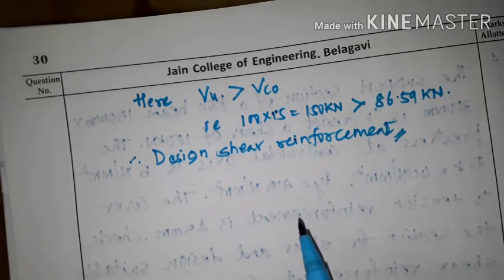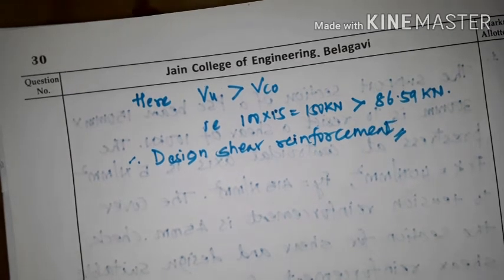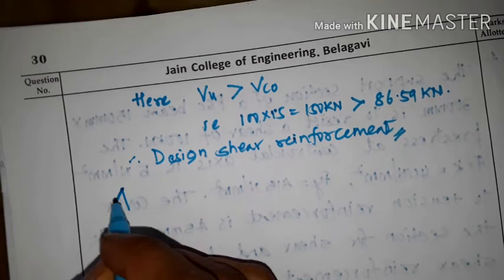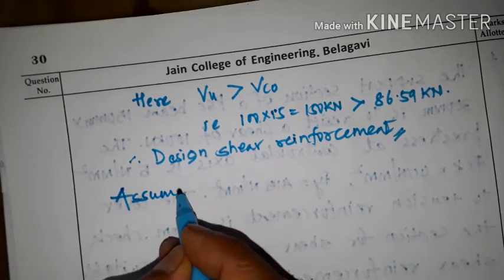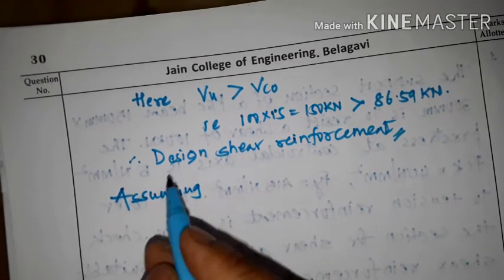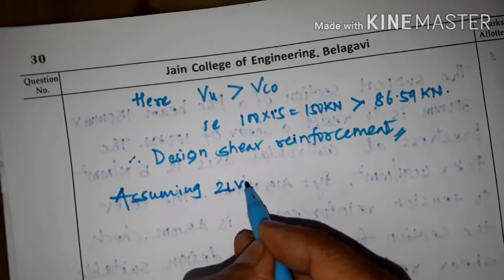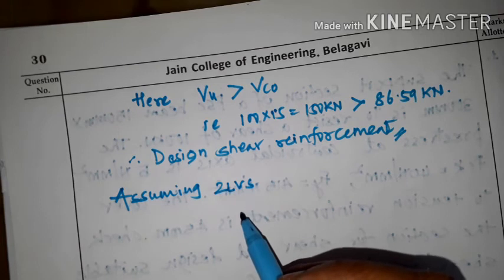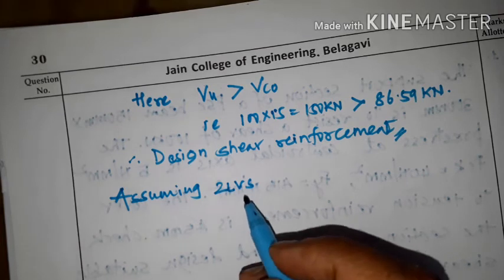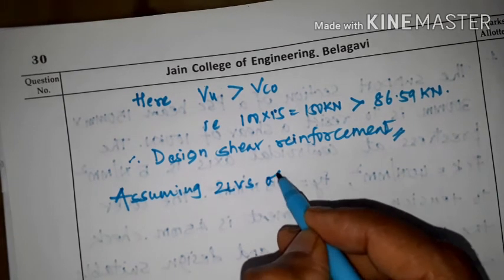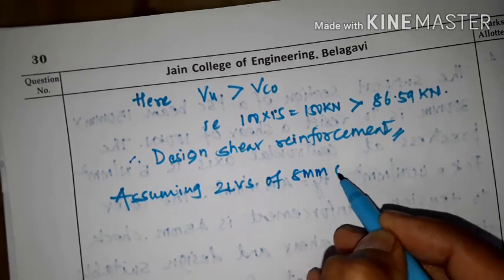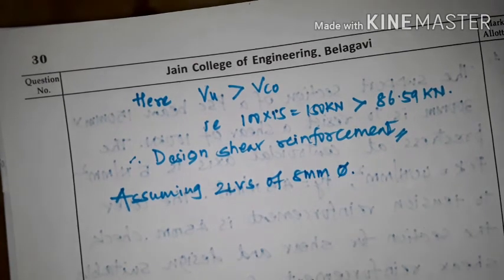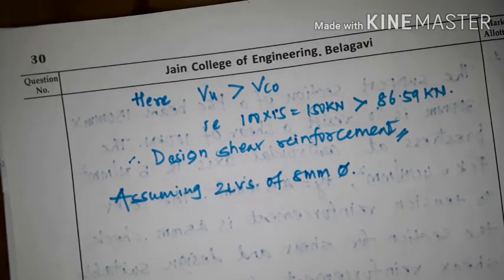Okay. So for that, assuming 2 LVS, that is 2-legged vertical stirrups, of 8 mm dia. So we will assume 2 LVS of 8 mm dia.